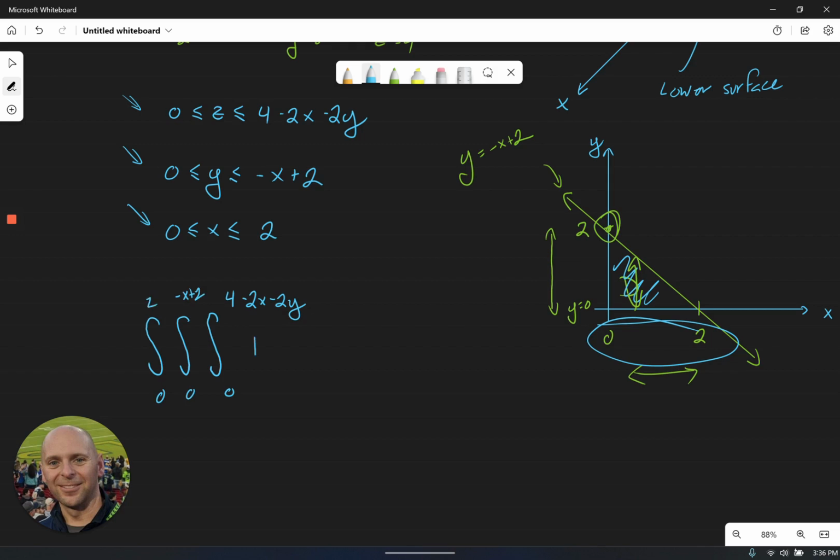We're integrating just the function 1, dV. In this case, V is rectangular, so we're going to use our typical dz, dy, dx in that order, since that's how we set them up. So there you go. There's our integral. Now the integration here is not that challenging, so I'll let you go ahead and finish that out.